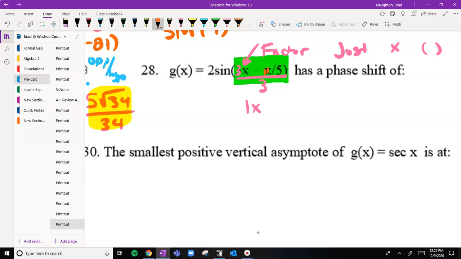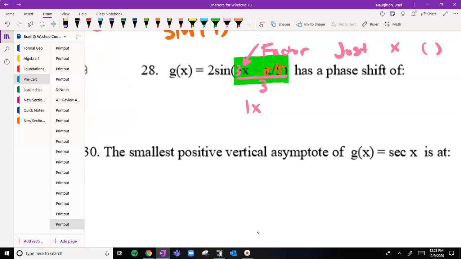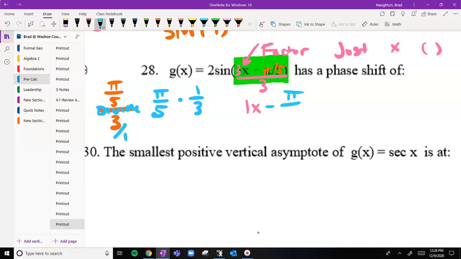And then 3 goes into pi over 5. Well, it doesn't go in evenly, so let me erase this to show you. So divide that by 3. Anytime you have to divide, that's 3 over 1, so we're going to flip it. And so this is going to become minus pi over 15.